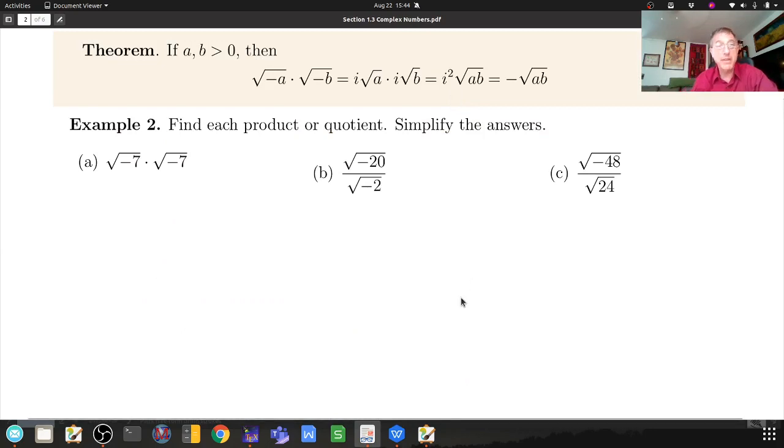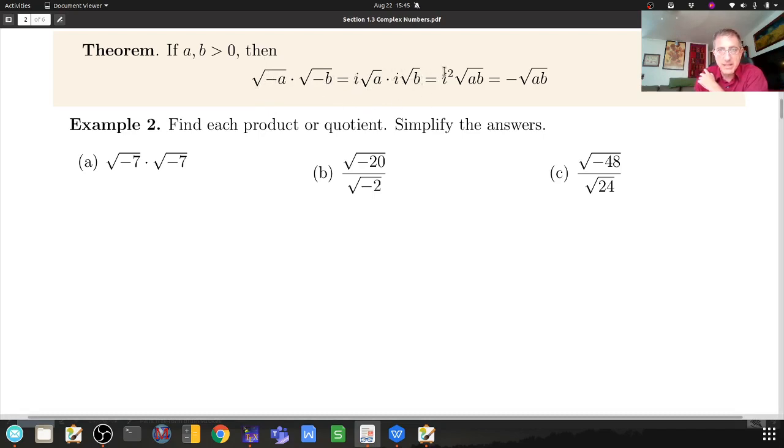So here we have another theorem, and this is an important theorem. It requires that a and b are greater than 0. And if that's the case, then the square root of minus a times the square root of minus b, well, from what we previously learned, the square root of minus a is I times the square root of a, and the square root of minus b is I times the square root of b.